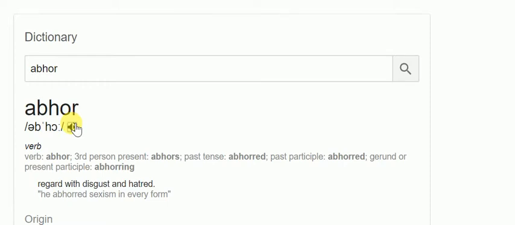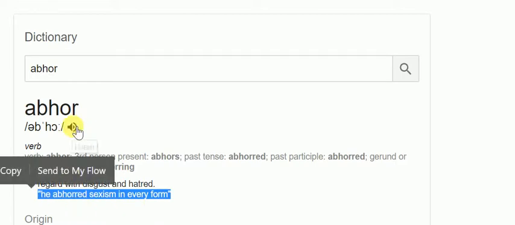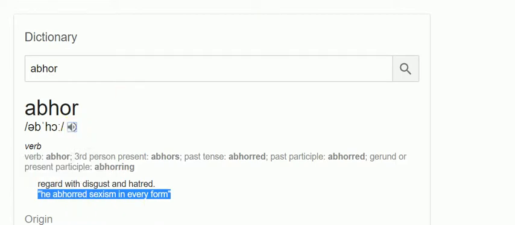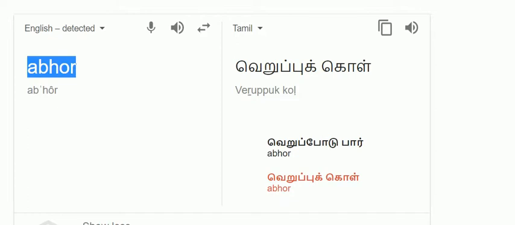Abhor means regarding with disgust and hatred. He abhorred sexism in every form. You can see the sentence for this. Abhor is something which we hate. In Tamil also we can say வெறுப்புக்கொள். Abhor is what we are hating.